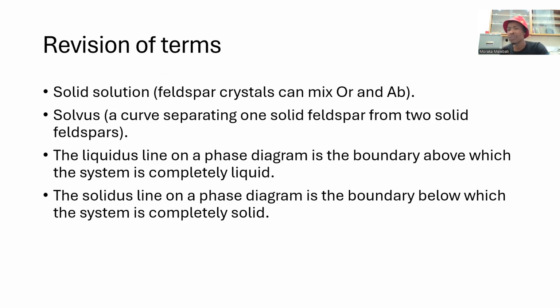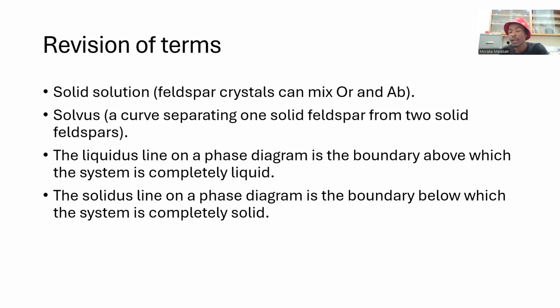Like solid solution, for example. Solid solution is when two things are occurring together in a solution. And a solvus is a curve separating one solid feldspar from two solid feldspars.